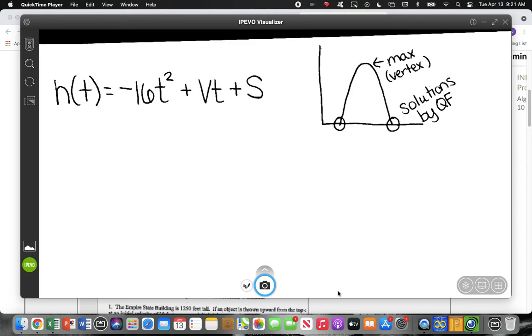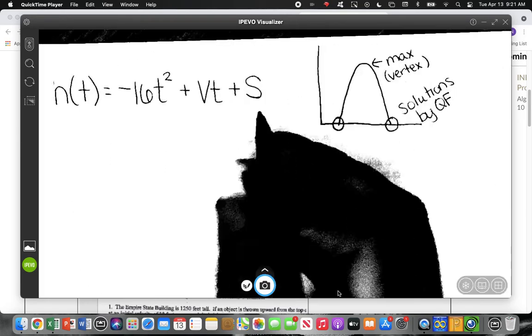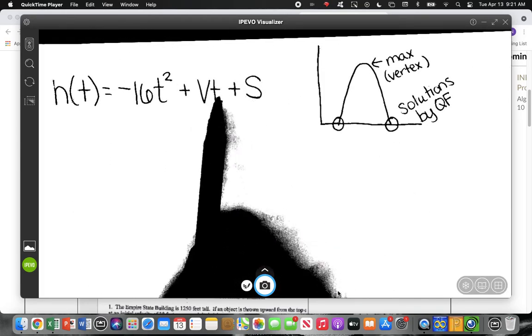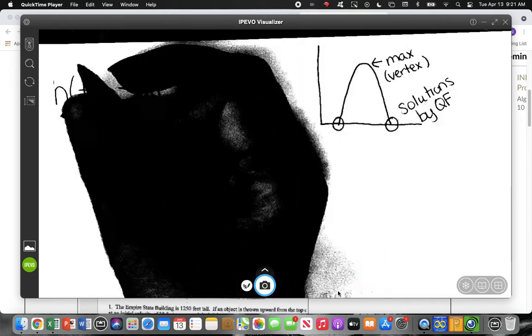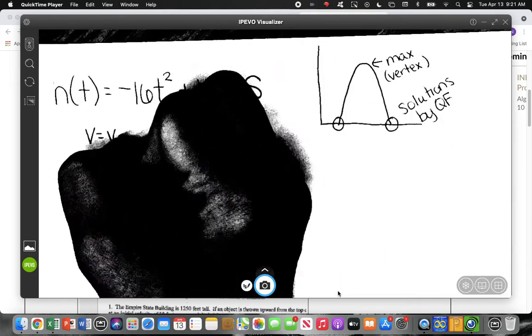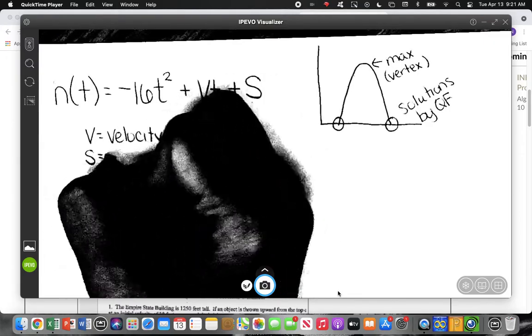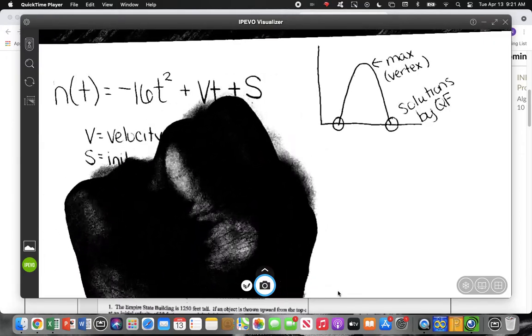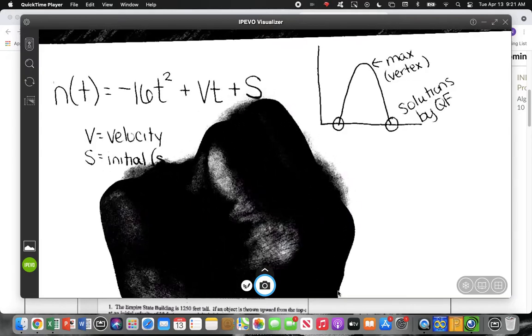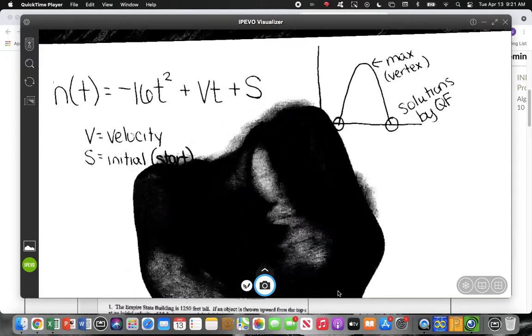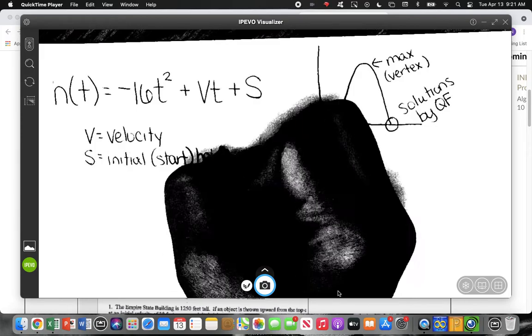And there's a couple things that you need to know. If these numbers will be given to you, V is always velocity, and S, you are going to see the words initial or the starting height of something.